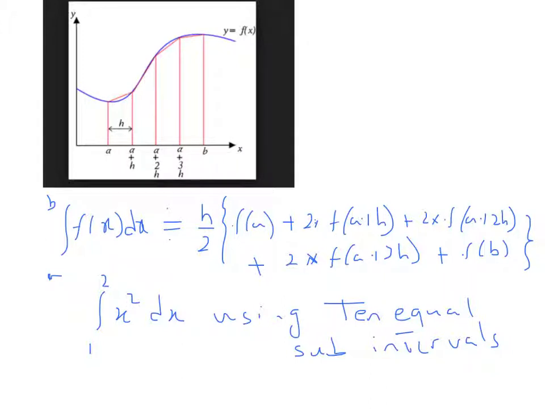We would have to do a little bit more calculation about the width of each interval. First of all, we find h, which is b minus a over n, so 2 minus 1 over 10, because n in this case is 10. So our width of each interval is 0.1.